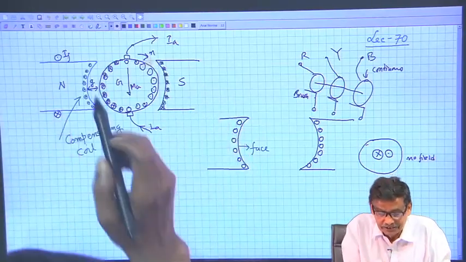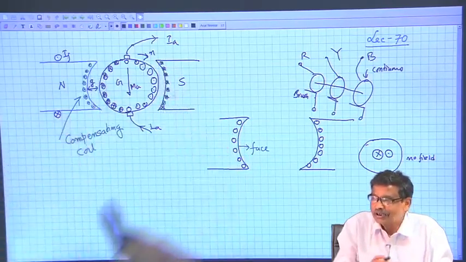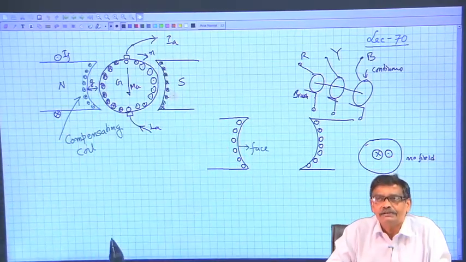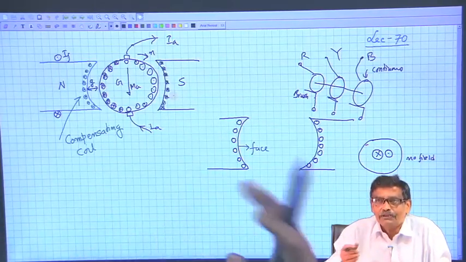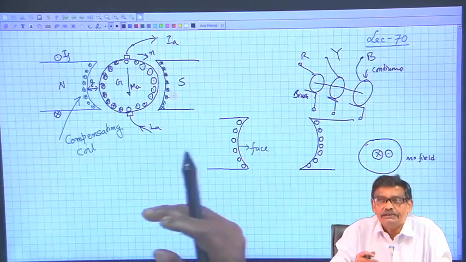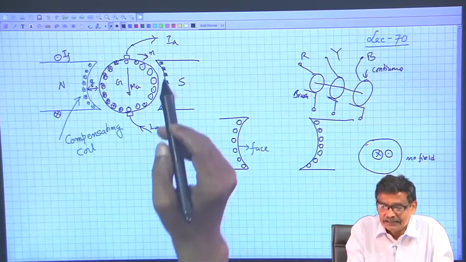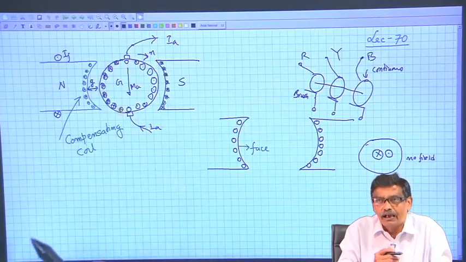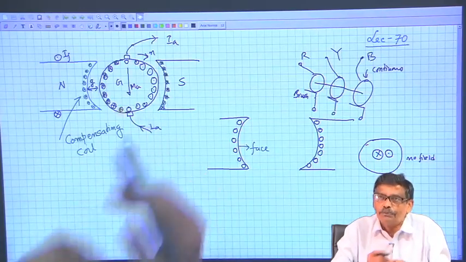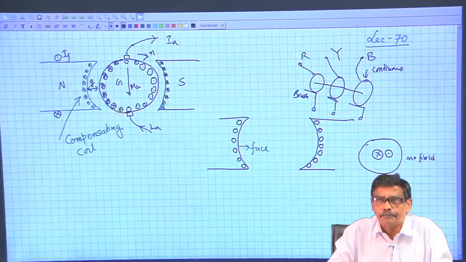When armature current is 0, this compensating coil will not carry any current, it is not needed. When armature current is growing up, you are loading the machine up to rated current, then this current also increases, so that for all currents you can compensate the armature winding.